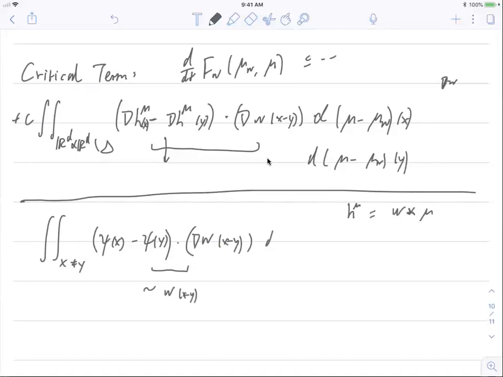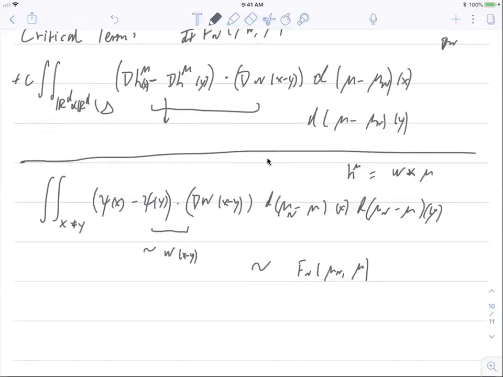And so if we do the integral, we can just write Fn minus mu is the same. So basically this term behaves more or less like Fn itself. So we can control the right-hand side. This term is very close to Fn mu and mu up to higher order terms.